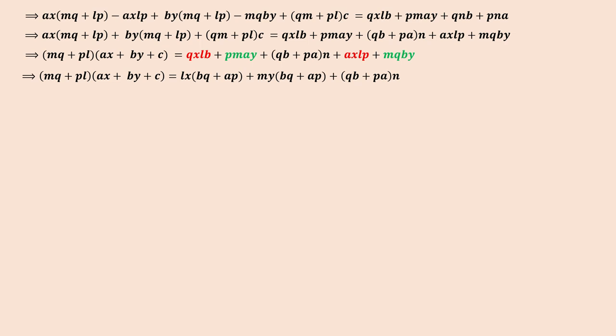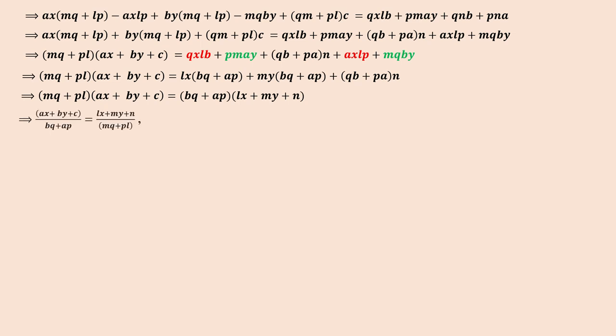So (MQ plus PL) into (Ax plus By plus C) equals, x is common in the red color terms, (BQ plus AP), plus, in the green color terms, y is common, My into (BQ plus AP), plus (BQ plus PA) into N. So that is equal to (MQ plus PL) into (Ax plus By plus C) equals (BQ plus AP) is common, take it outside, (Lx plus My plus N).